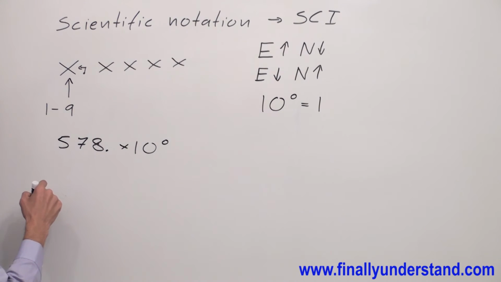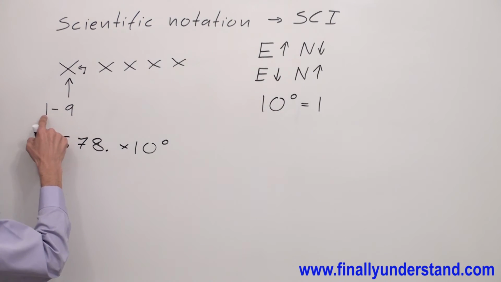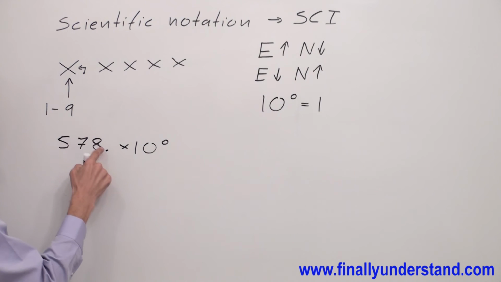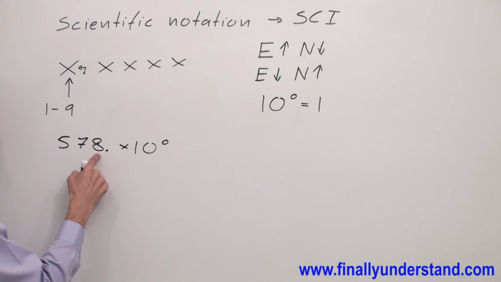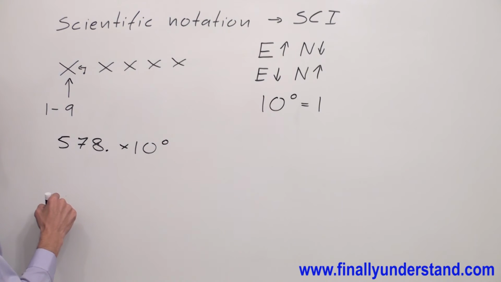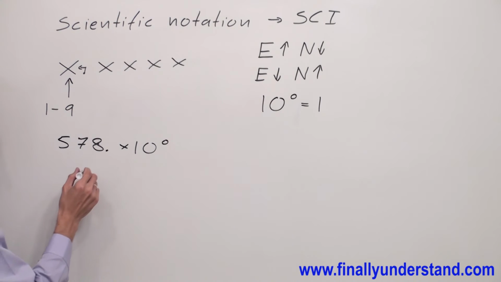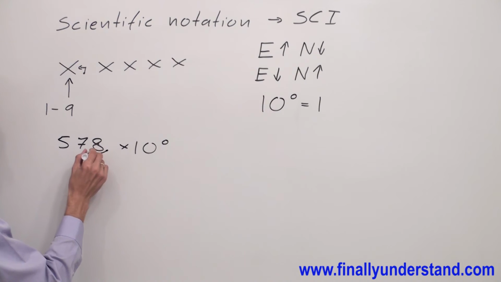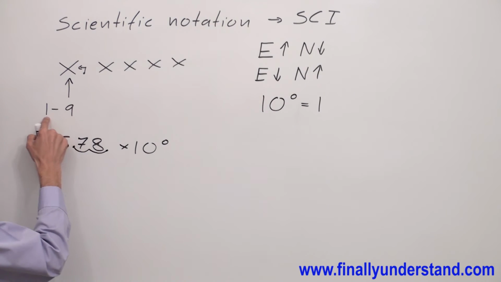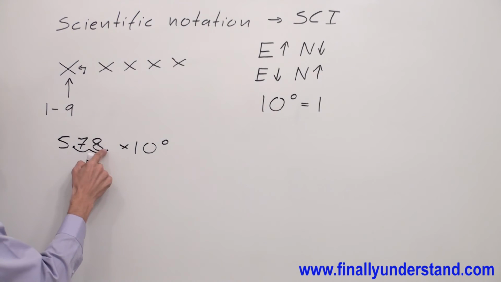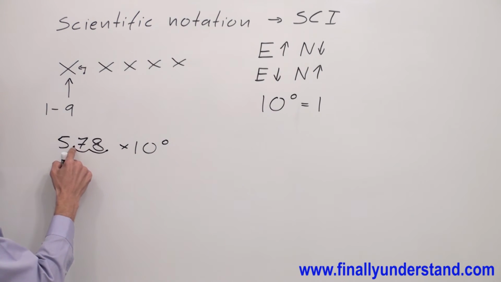We said that anytime we have scientific notation, the number on the left side of the decimal point is supposed to be between 1 and 9. Now I have 578 on the left side of the decimal point, so this is for sure not yet scientific notation. What I have to do is move my decimal point after 5, the number which is between 1 and 9. So I move my decimal point twice to the left.